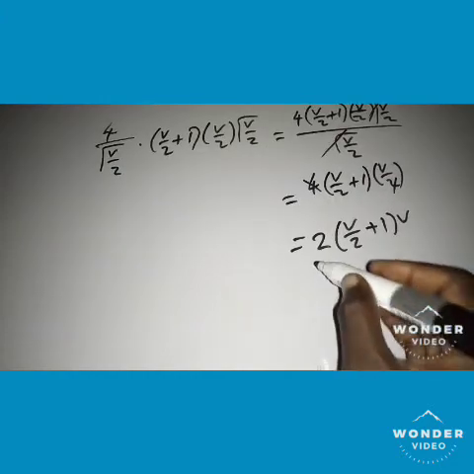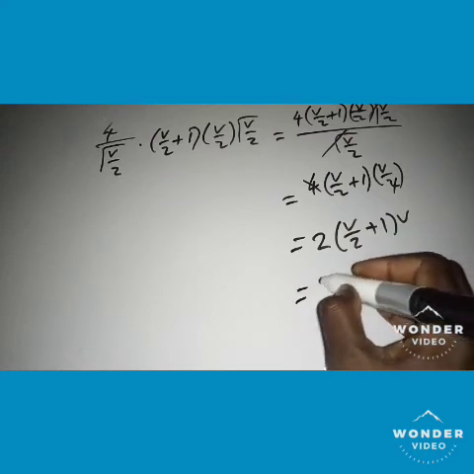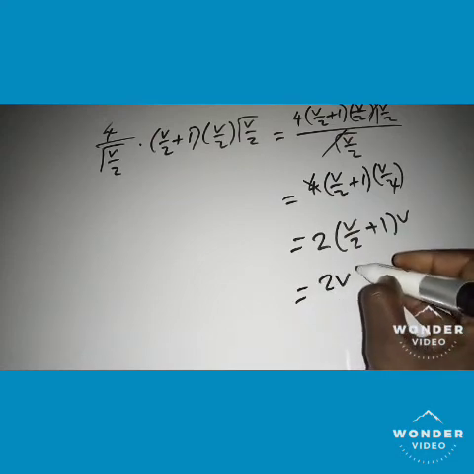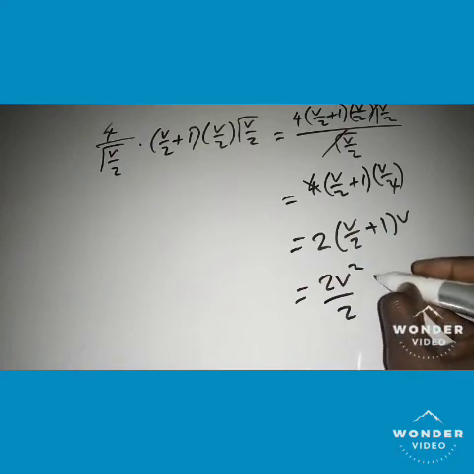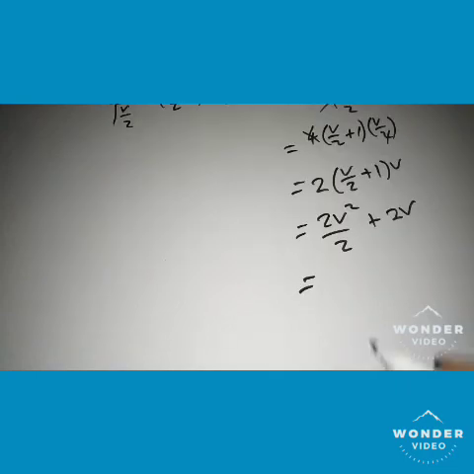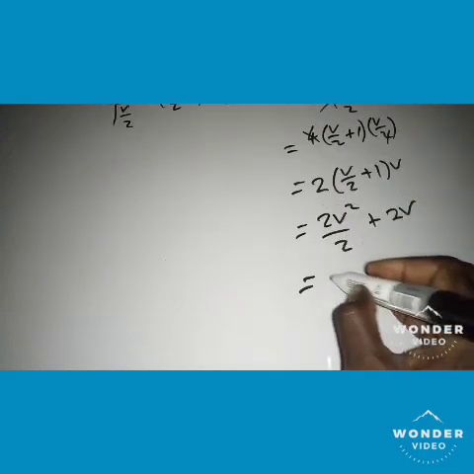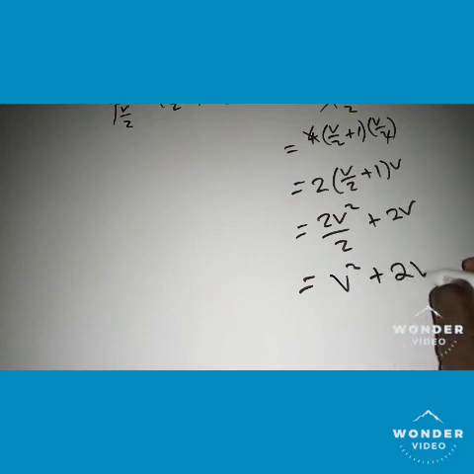When we multiply this out, we now have 2v squared plus 4v, all over 2, so 2 cancels, leaving us with v squared plus 2v.